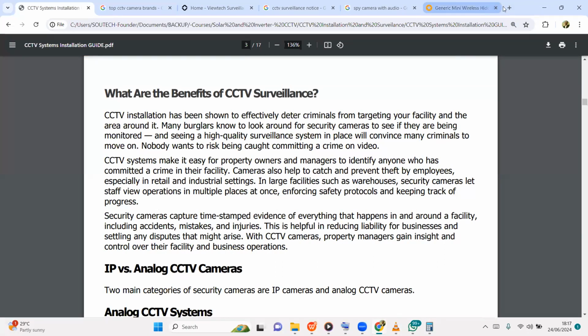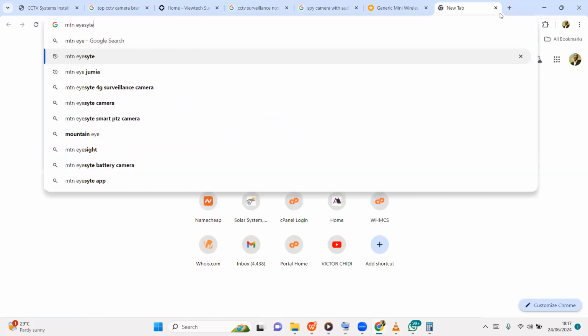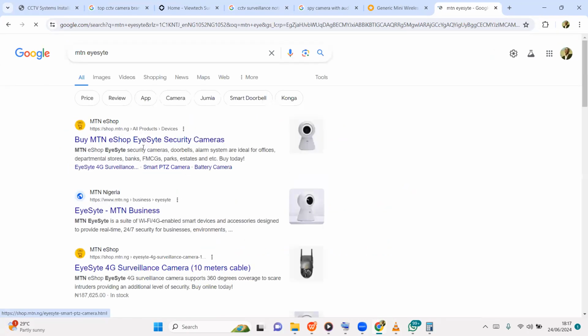Even there are some cameras that are not so pricey, like the MTN iSight, right? The MTN iSight, not too expensive, less than 50,000 naira. You can have a system that can monitor what is happening within a facility, right?